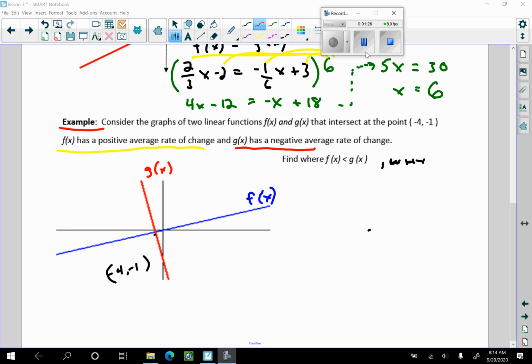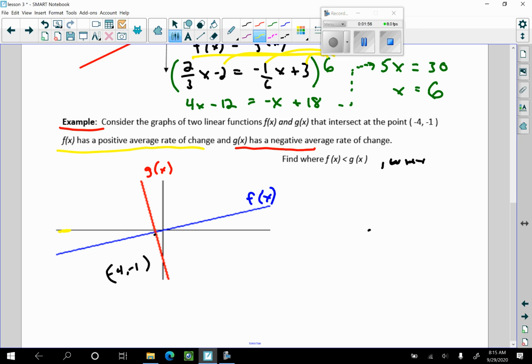So the question asks, where is f of x less than g of x? Kind of hard to see. We know f of x is this line with this small positive slope. I want to know where that's less than g. Well, where is that less than g? It's going to be somewhere on the x-axis, because when I solve these inequalities, I want to solve them with respect to some x.